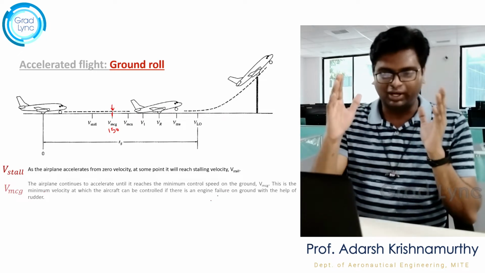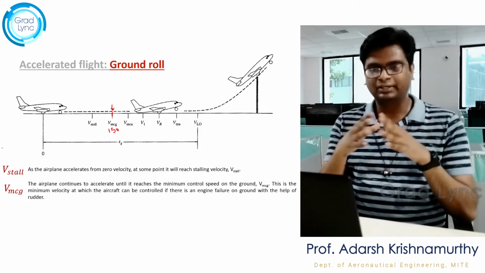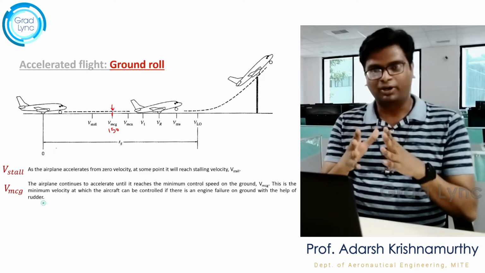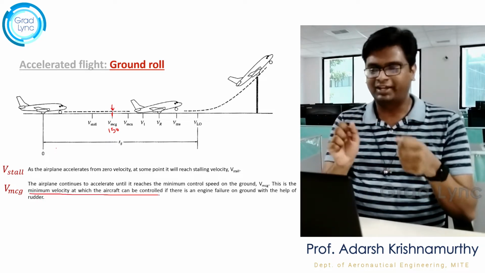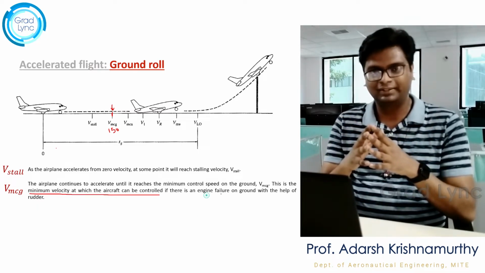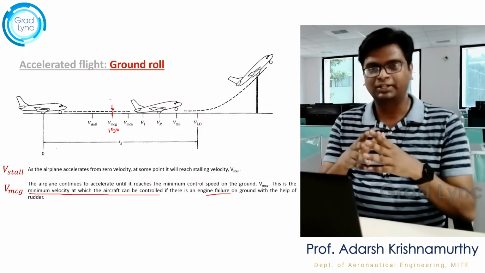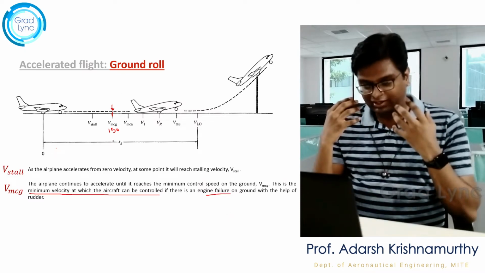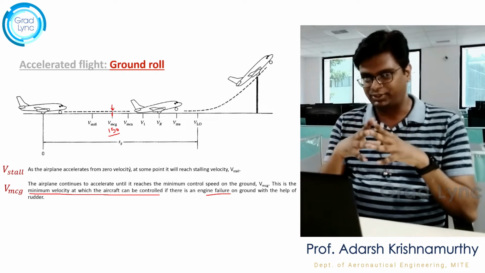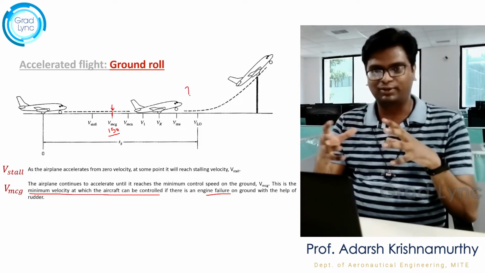Getting the point? I reach this point and I can tell myself that now I have reached a velocity at which I can control the aircraft even if the engine fails. Now I can take off at this point, but I don't, because when the aircraft is on the ground, I can easily control it, but when the aircraft is in the air, it is very difficult to control.